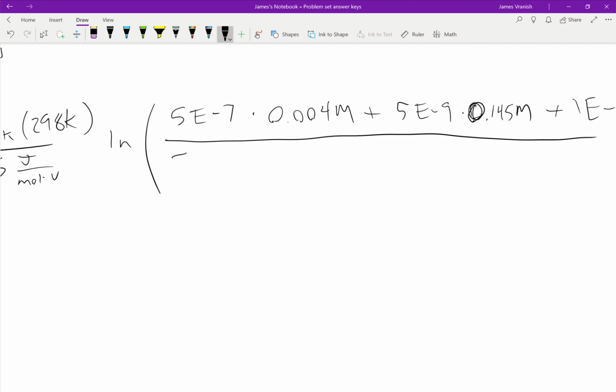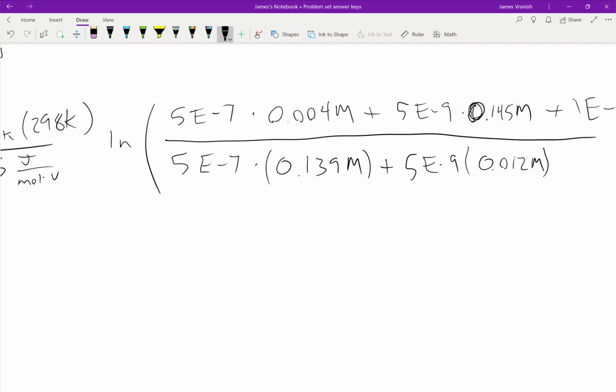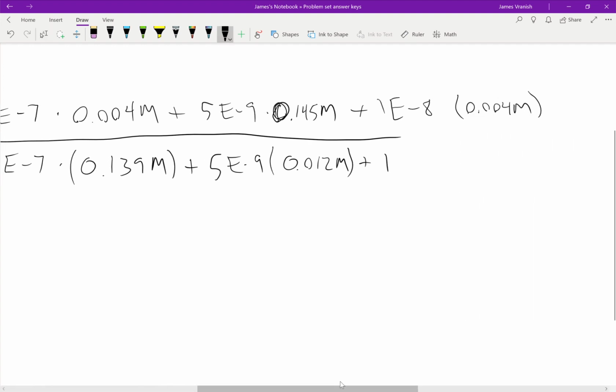So times our permeability coefficient, so 5e negative 7 times the concentration of 0.139 molar, plus for sodium, we have 5e negative 9 times the concentration of sodium inside the cell, which is 0.012 molar, plus now the concentration of chloride outside the cell, so we have 1e negative 8 times the concentration outside the cell, which is 0.116 molar.